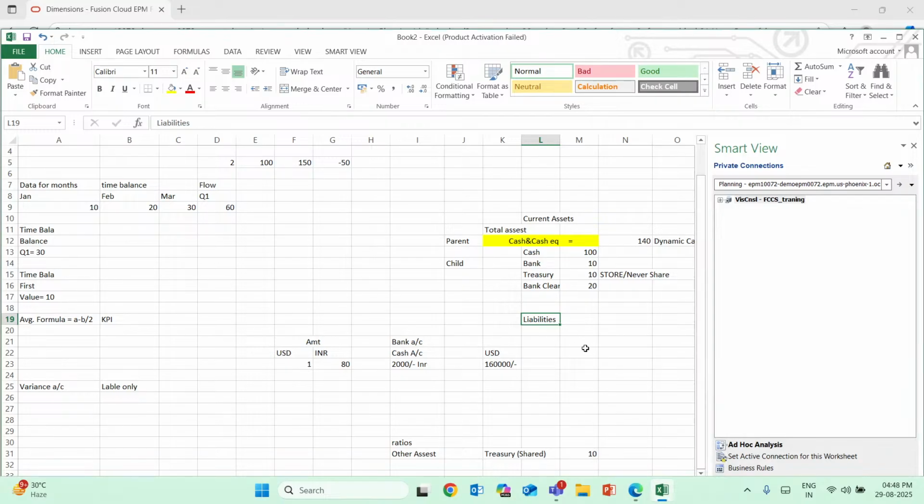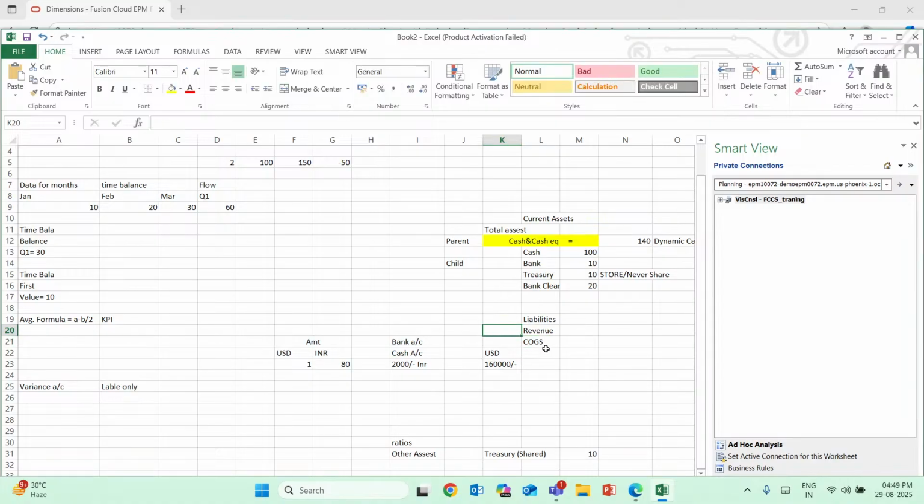Let's say we have revenue, and then we have COGS, cost of goods sold. So the formula here, let's suppose this is our gross profit.